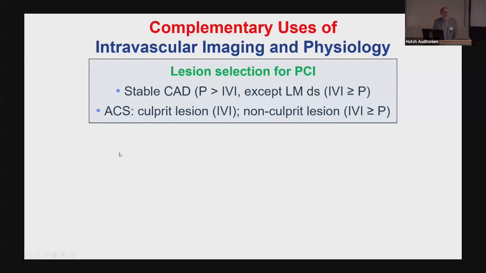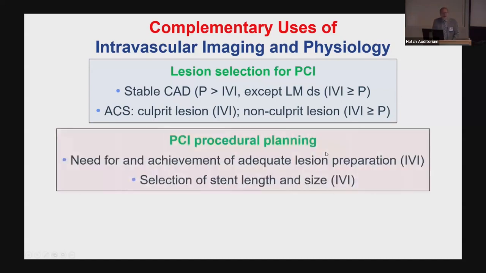Now, for acute coronary syndromes, there's kind of been an evolutionary way of thought, and we have to think about, one, the culprit lesion, what actually caused the acute coronary syndrome, and it's not always obvious from the angiogram, and in that case, to identify the culprit lesion, intravascular imaging is clearly superior to physiology. And then we've got to think about treating all the other bystander lesions in the coronary tree, and to identify those that may be placing the patients at risk, we can use both intravascular imaging and physiology, and I give intravascular imaging perhaps a slight nod.